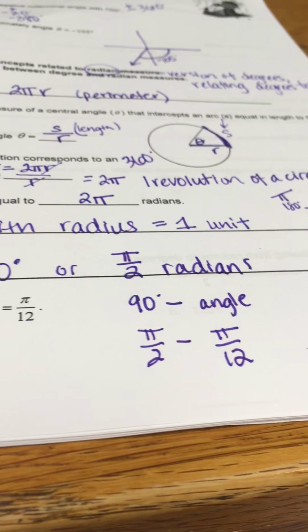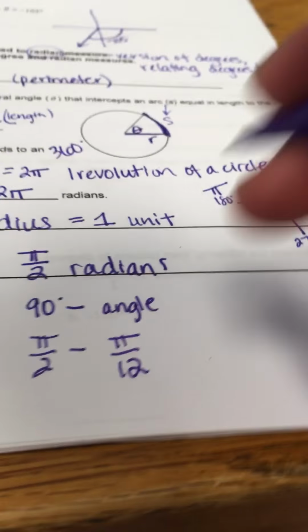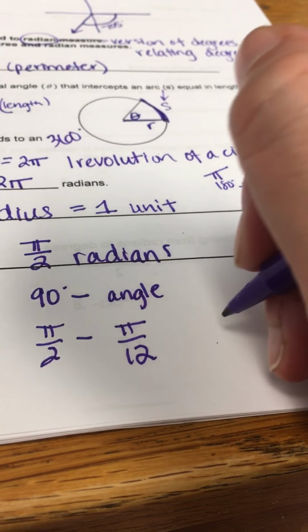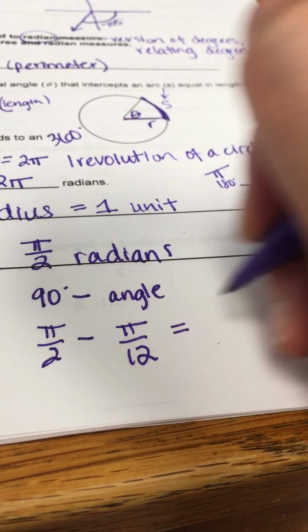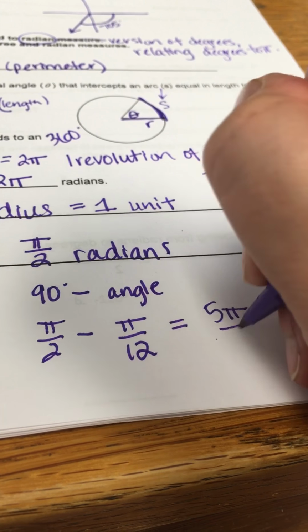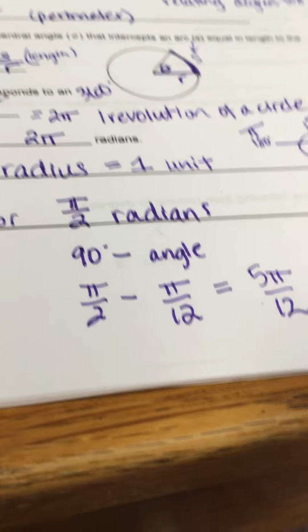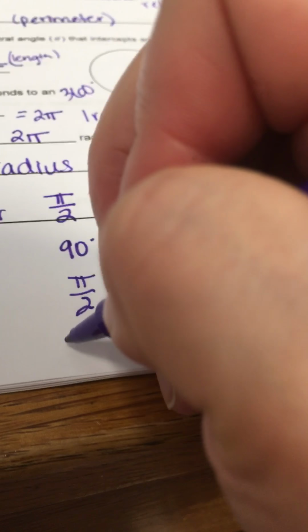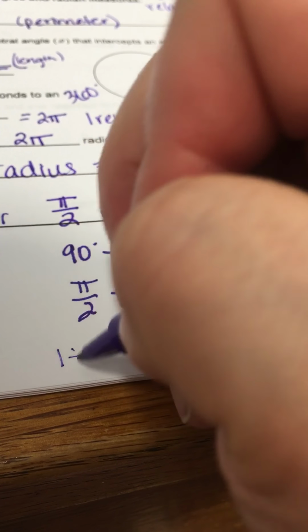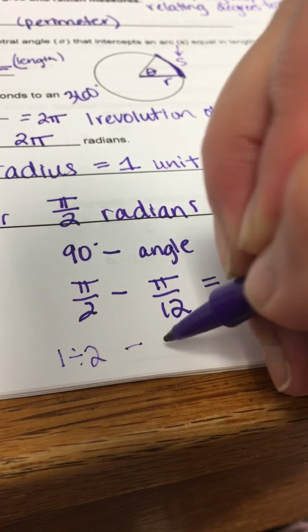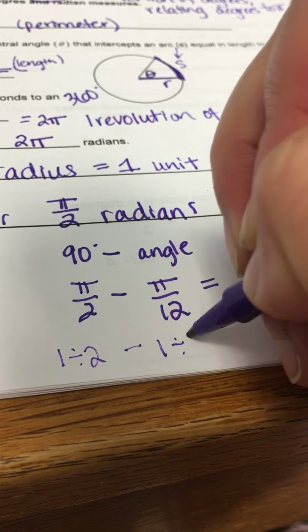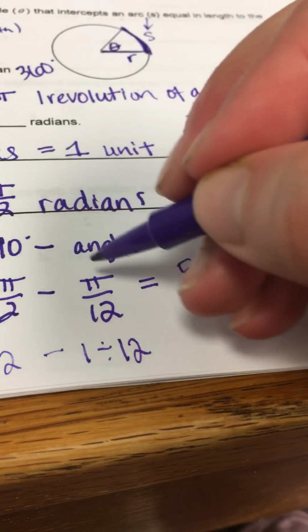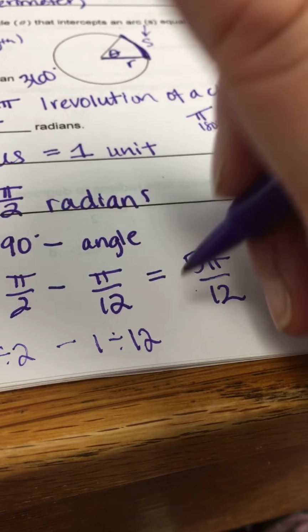Now, this is all fine and good, and we can get common denominators. This would be 6 pi over 12, and this actually comes out to 5 pi over 12. Your calculators will help you do this. So you take in your calculator 1 divided by 2 minus 1 divided by 12, and just leave the pi sitting there, because it's just going to be in your answer.